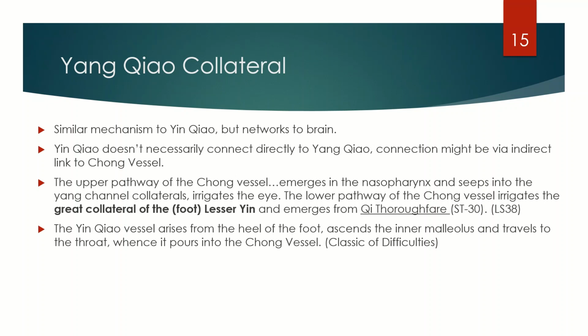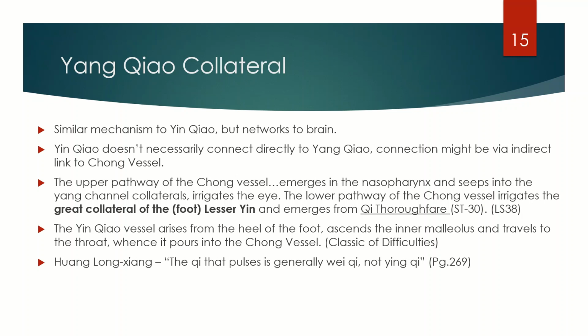We can imagine that it basically does that at Renying point, the aortic artery. So this, as I said earlier, Huang Longxiang, he sort of thinks that these pulses indicate Wei Qi, not Yin Qi.